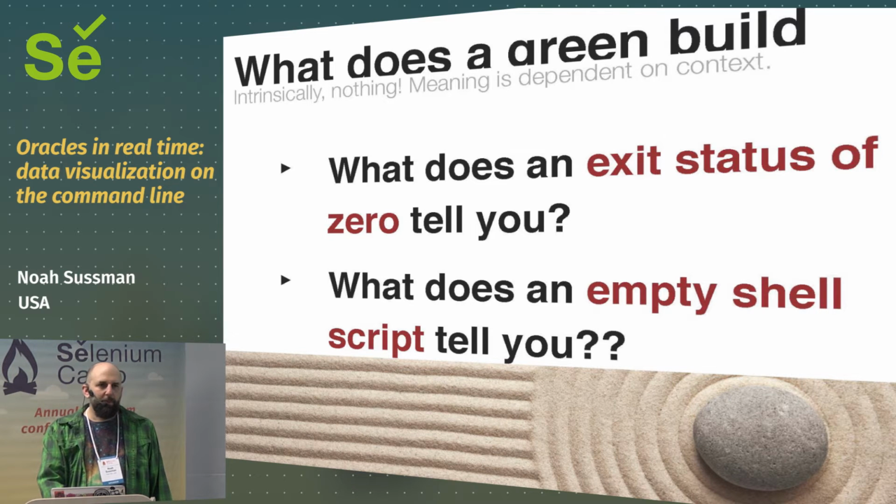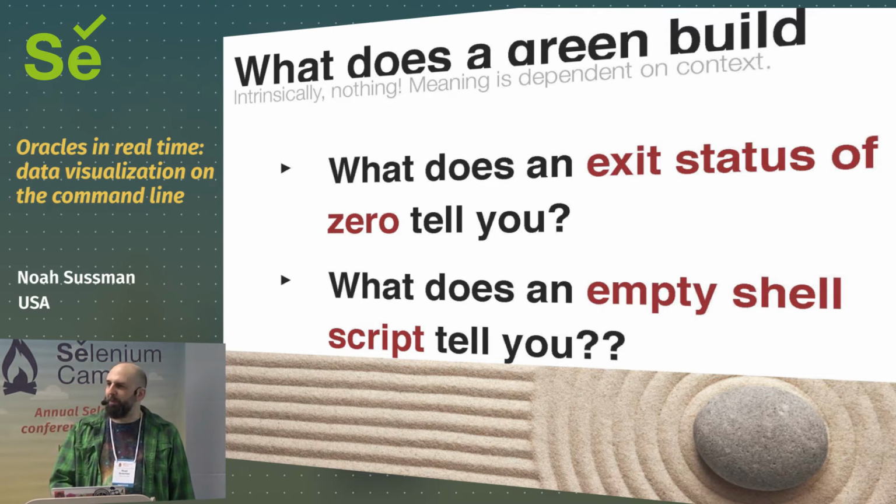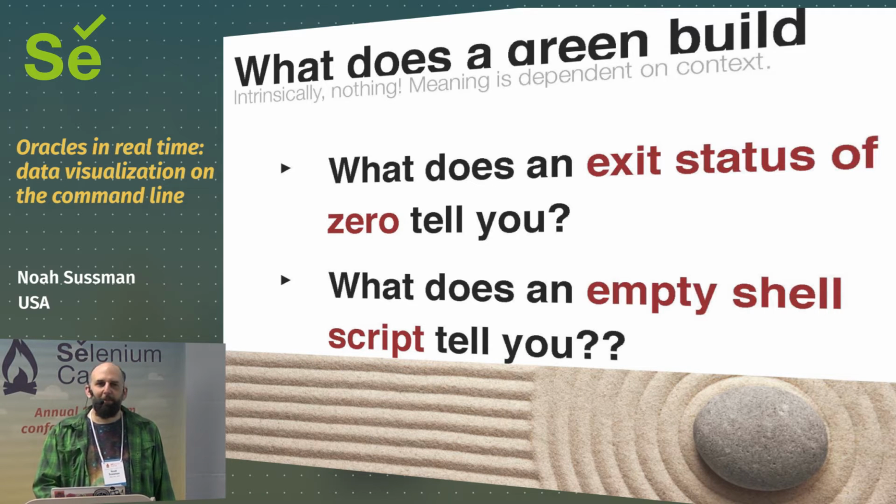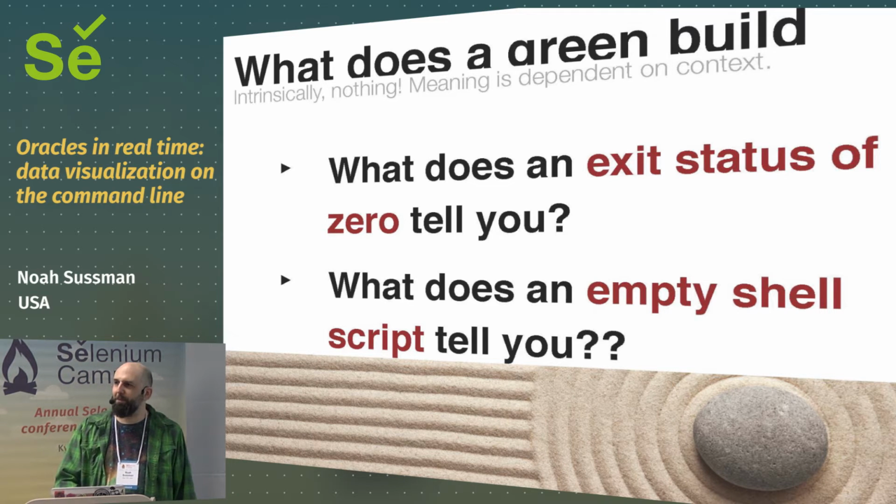We all know in this room, I'm sure, that a 0 response code from the test means everything is good, and a non-zero response code means something is bad. Nobody else outside of testing knows what that means. No executive ever said the phrase 0 response code.